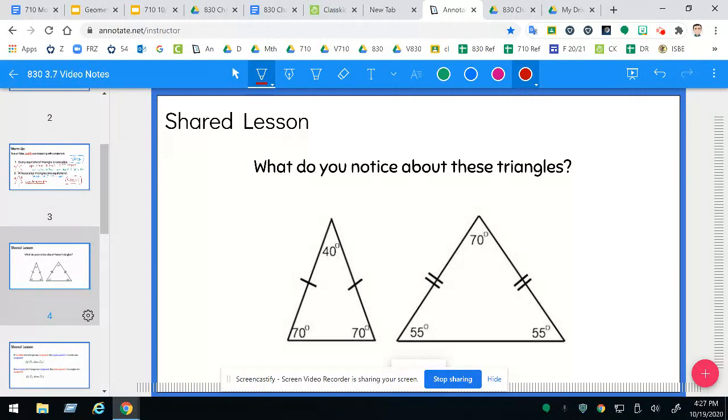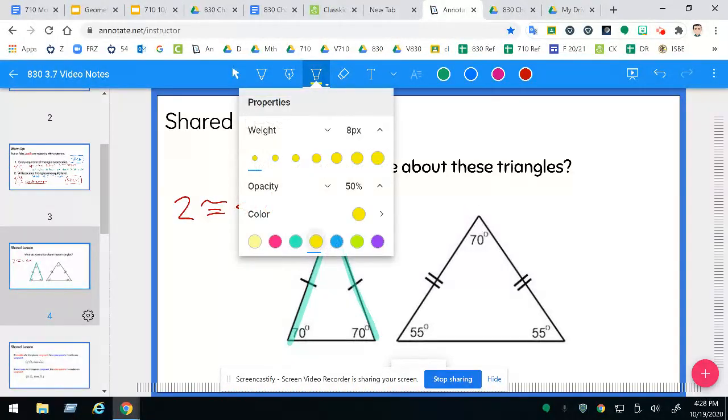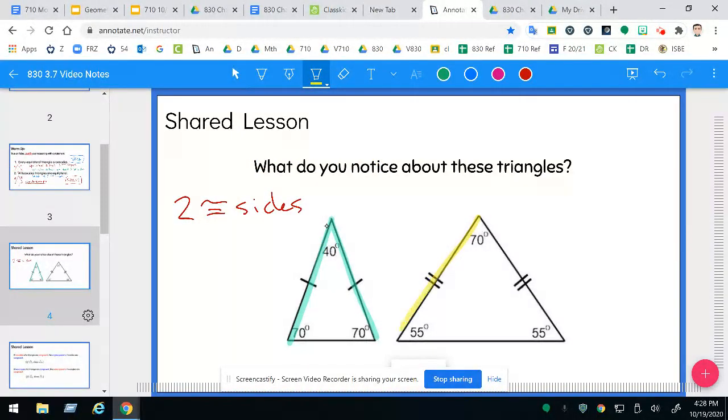Okay, I'm going to start my list and say, each triangle has 2 congruent sides, right? I certainly notice these sides are congruent in this triangle, and these sides are congruent in this triangle. I'm sure that you noticed that based on the markings.